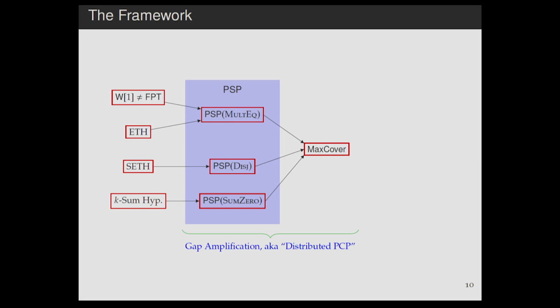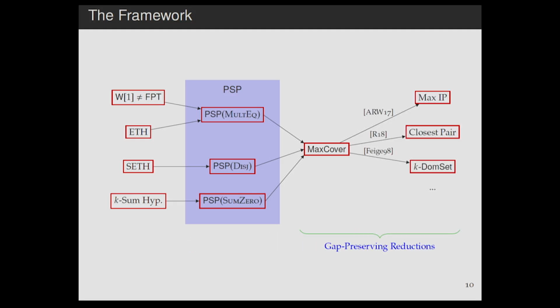And max cover, I will also tell you in a moment what it is. It's just one of the variants of label cover. In fact, Bing Kai also talked about it yesterday. And the last step is, of course, to reduce the label cover problem to the target problems that you want to prove the hardness for. Okay, and this is perhaps the most standard of the bunch. Okay, so that's the framework.